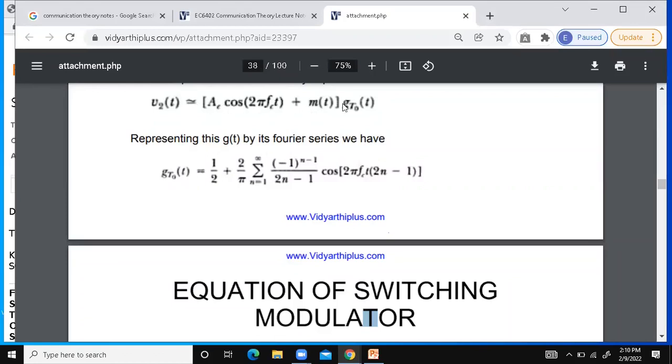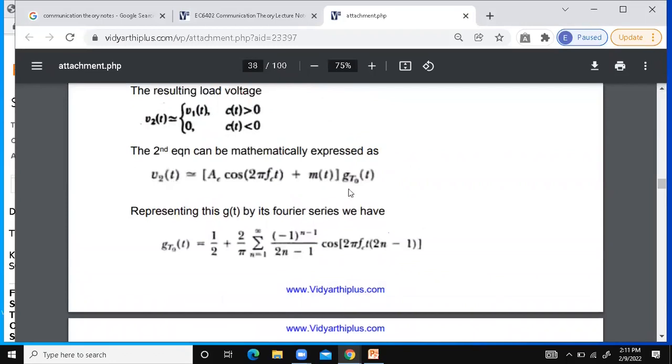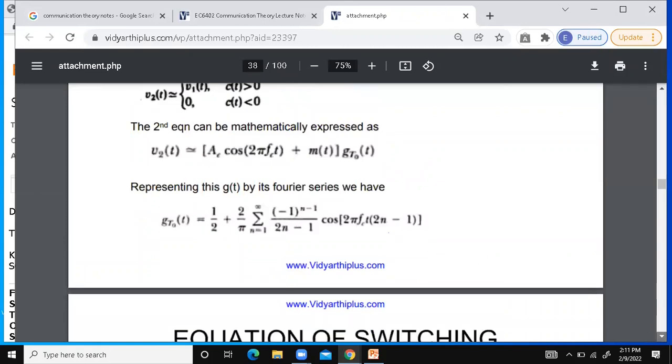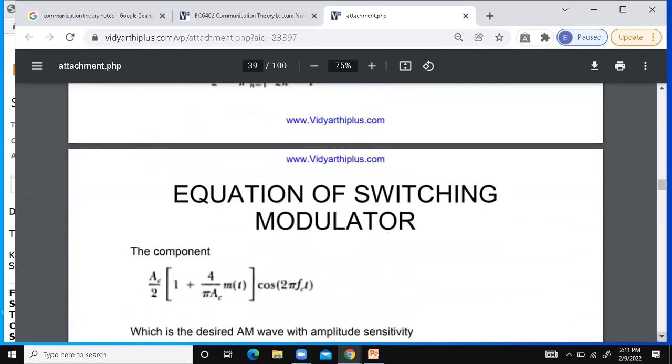So this is when you combine the carrier signal and the message signal and the Fourier series, which is that. So this is your desired wave now.